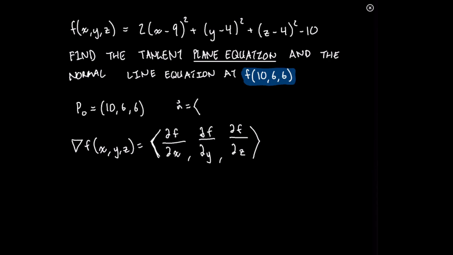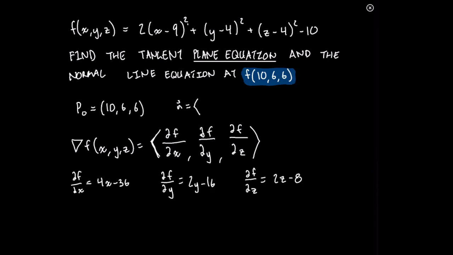Okay, so each of these partial derivatives is going to be evaluated for whatever value you plug inside of x, y, or z. So let's go ahead and work through what this would look like. First we need to find these different partial derivatives.